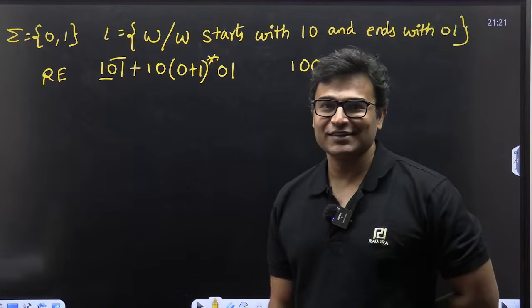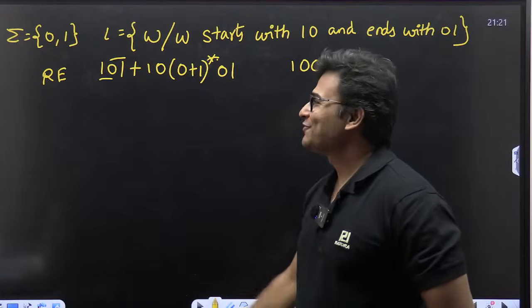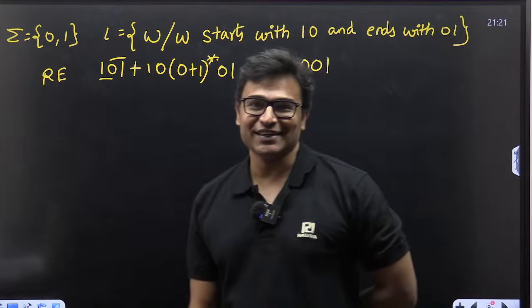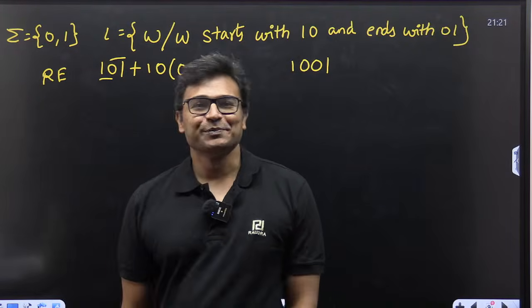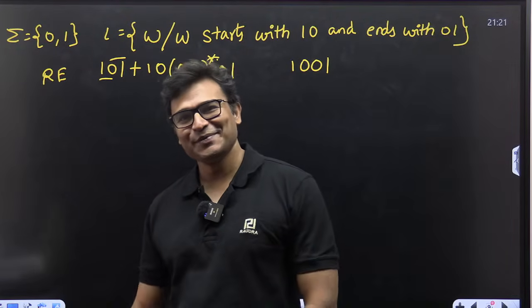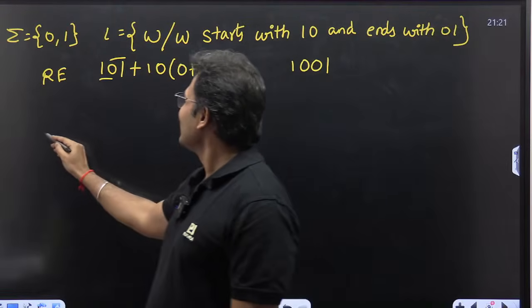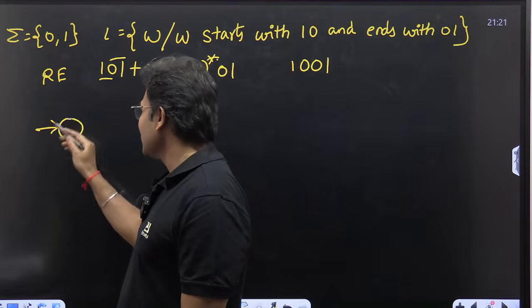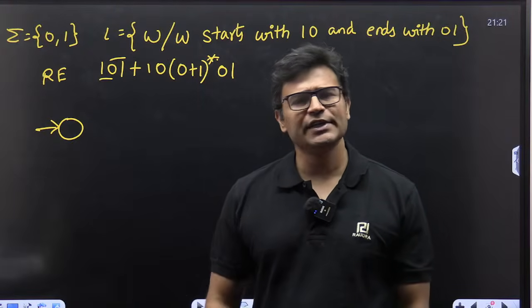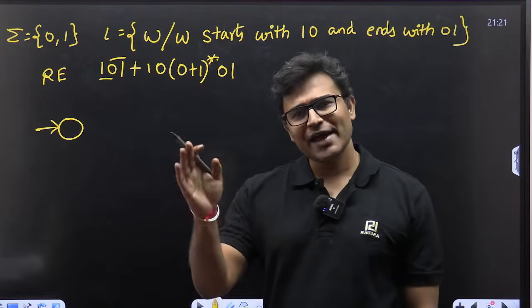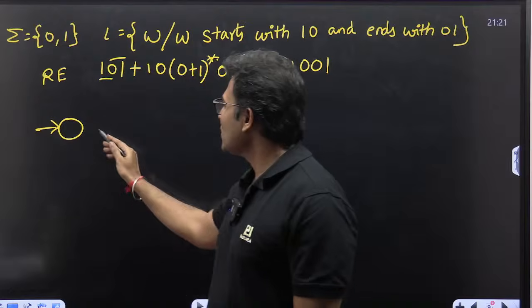You missed out? Cool. Now if I do the DFA, you'll laugh at it. After I do it, you'll say it's so simple. Let me do it then, okay? Whenever you are constructing a DFA or NFA, you try to accept the minimal string. So what is the minimal string, guys?